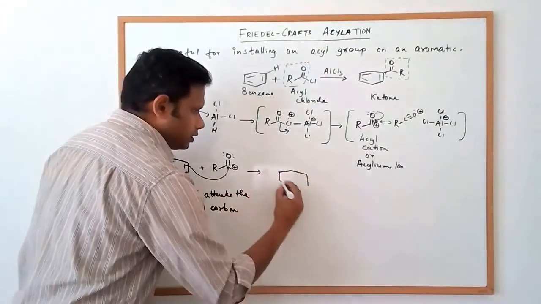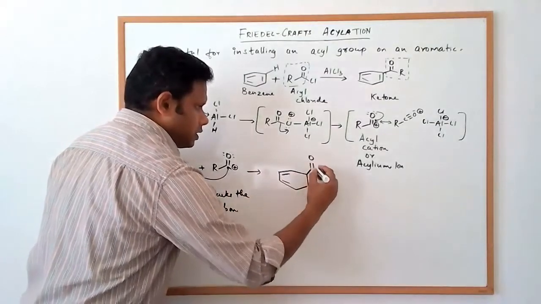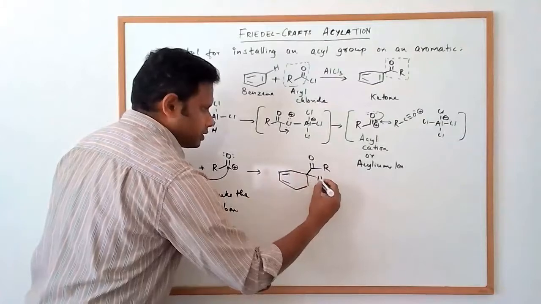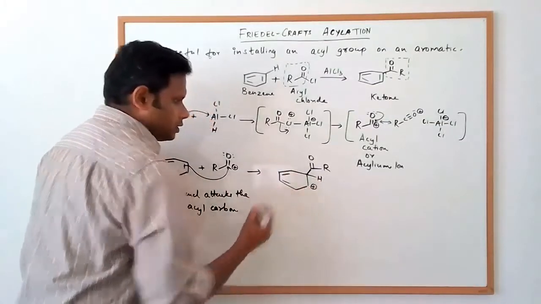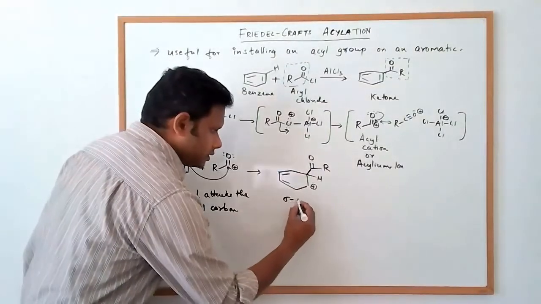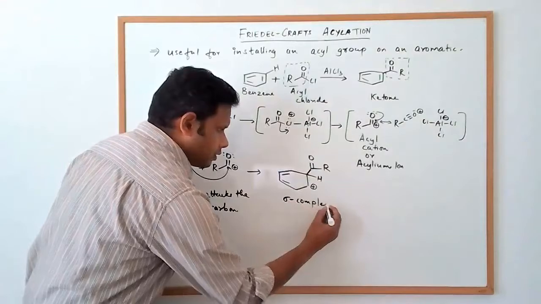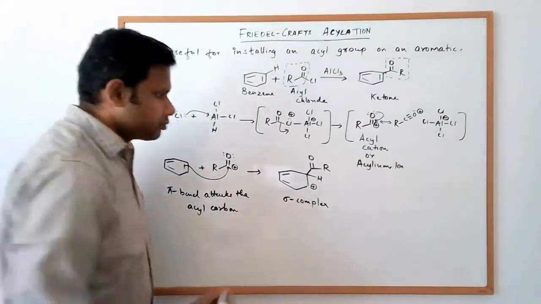And this would give us the sigma complex, which is our intermediate. And as always, this sigma complex is resonance stabilized. We will not show the resonance this time, but it is resonance stabilized.